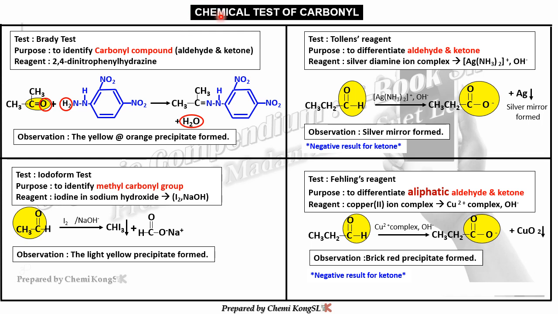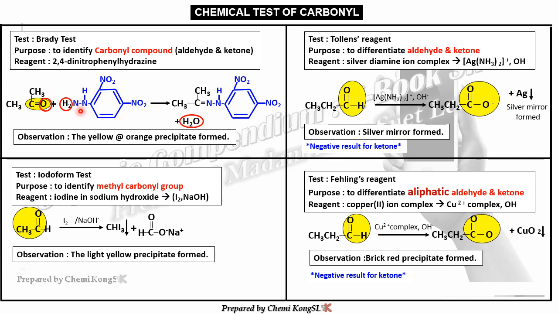Next is the identification or chemical test of carbonyl. The first one is the Brady test. The purpose of the Brady test is to identify carbonyl compounds, meaning aldehyde and ketone. The reagent is 2,4-dinitrophenylhydrazine. So this is the structure for 2,4-dinitrophenylhydrazine. It's an amine compound.